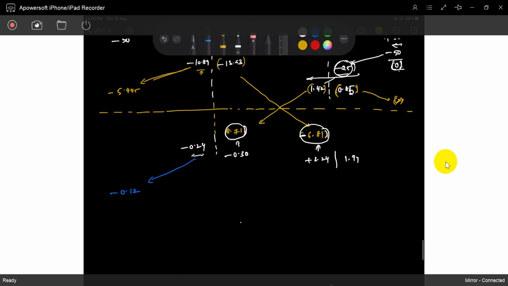0.12 carryover. For this 0.30, the carryover is minus 0.15. Its carryover is plus 3.24 divided by 2, it's 1.62. There is no carryover because it's a hinge joint.